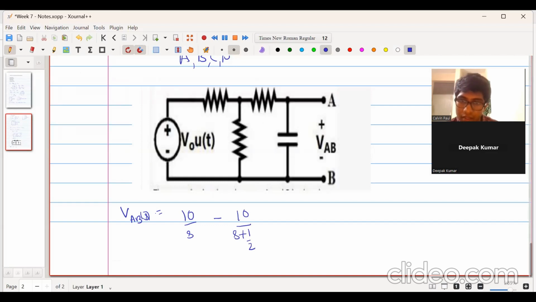We will simplify it and write it with 10 common: 1 upon s minus 1 upon s plus half. So find what will be the resultant equation.